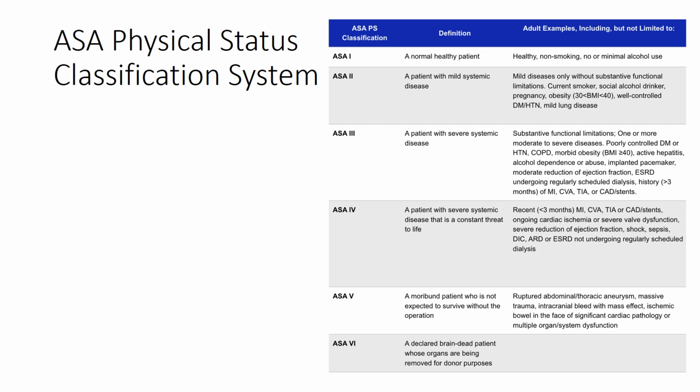So I would say most people are ASA2s. ASA3s are folks whose mild disease has progressed to a more severe systemic disease, and there may or may not be functional limitations. So, poorly controlled diabetes, poorly controlled hypertension, morbid obesity. All of the patients, or the vast majority of them, coming in for gastric sleeves are ASA3 patients, although a lot of times we don't mark them as such.